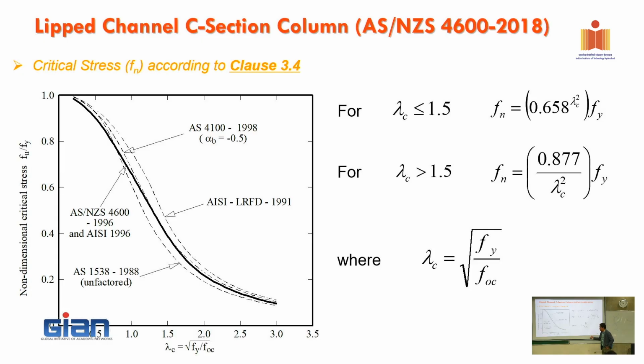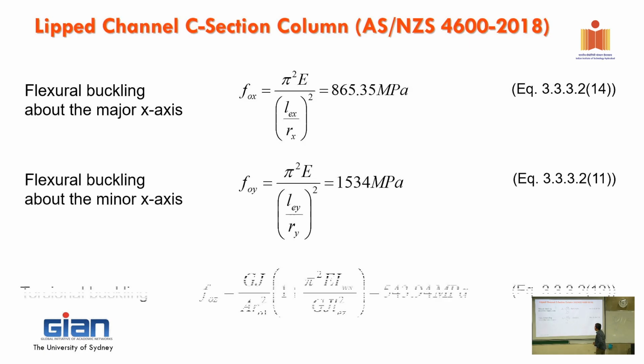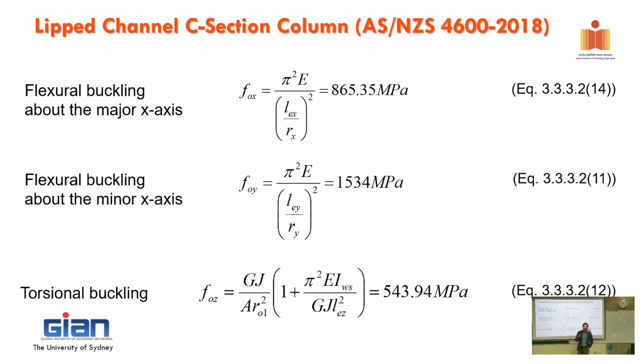And what is FOC now? We need to look at the failure mode. So this is the singly symmetric column, C-section. Normally, there are two possibilities that it buckles. Okay, when you have the column, you see that. All right, that's good to demonstrate how it works.